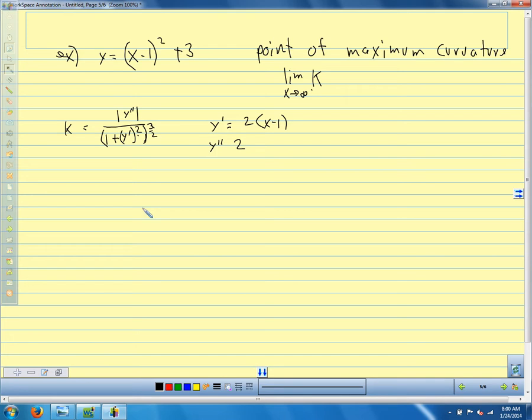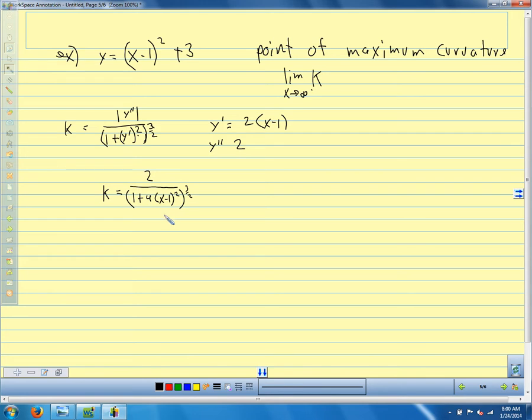So substitute these in. Our curvature is 2 over (1 plus 4 times (x minus 1) squared), and that is all to the 3/2. So what x value is going to make this a maximum?